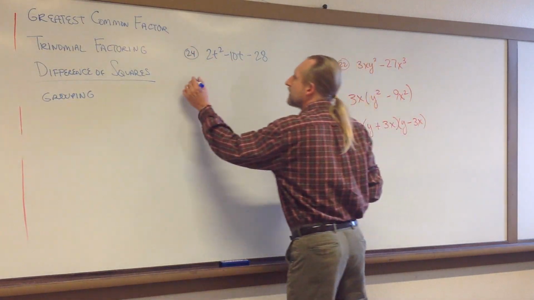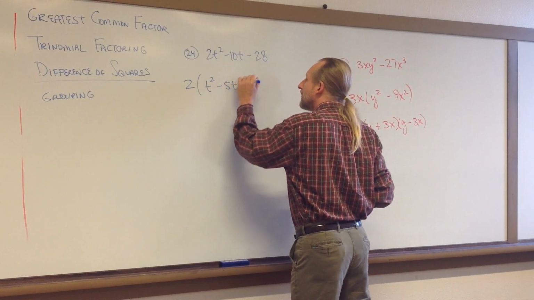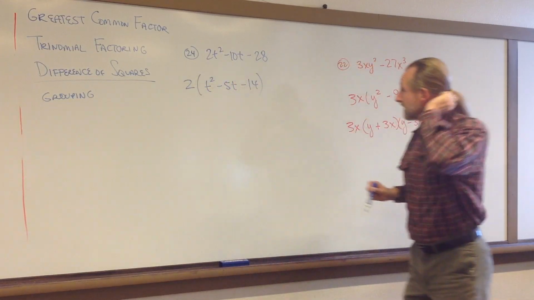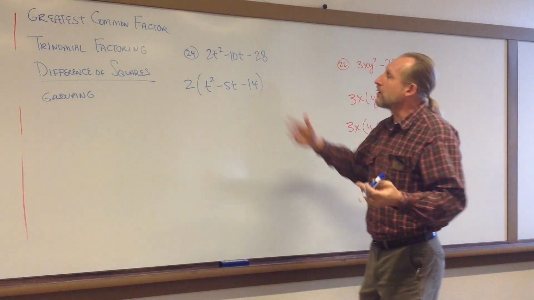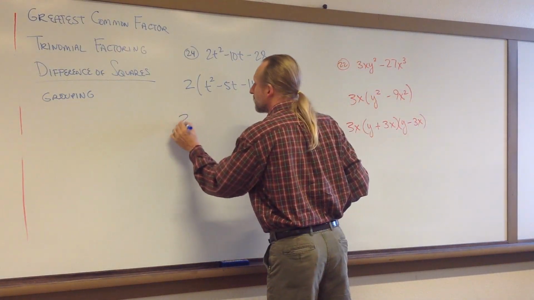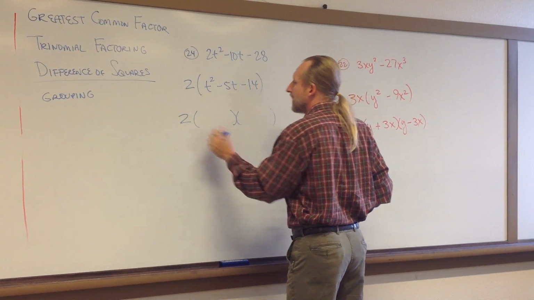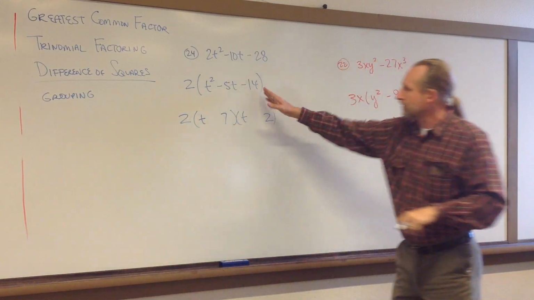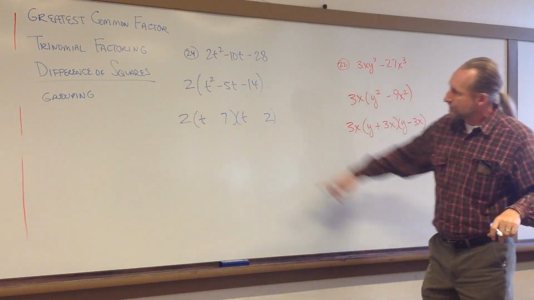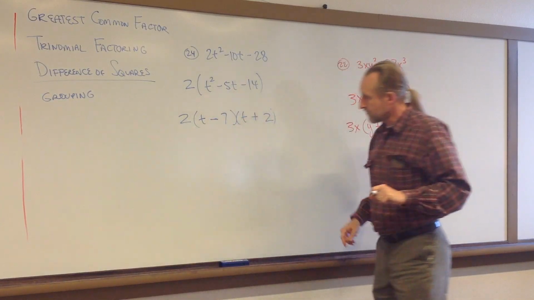And if we do that, then we'll pull out the 2 and be left with t squared minus 5t minus 14. And again, now that these numbers are smaller, it should be a little bit easier to factor this. 7 times 2 is 14. 7 minus 2 is 5. So we want to split that 14 up into 7 times 2. This 5 is negative, so we need the 7 to be negative and the 2 to be positive.